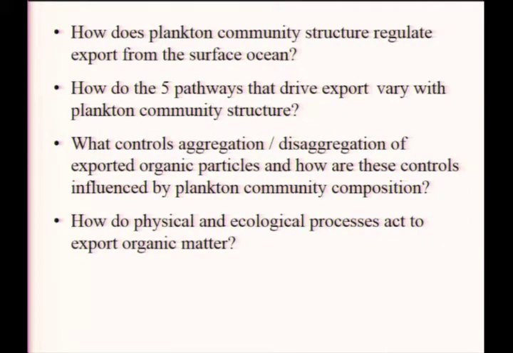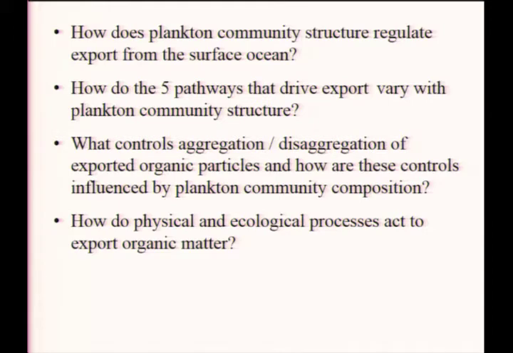So in addition to the main question, there are 4 sub-questions as part of question 1. How does the plankton community structure regulate export from the surface ocean? How do the 5 pathways... Whenever I talk about the pathways, I always feel like I'm doing a Dale Carnegie speech, that this will get you to heaven, but this will get your carbon out of the upper ocean. So what are those 5 pathways that drive export, and how do they vary with the community structure?